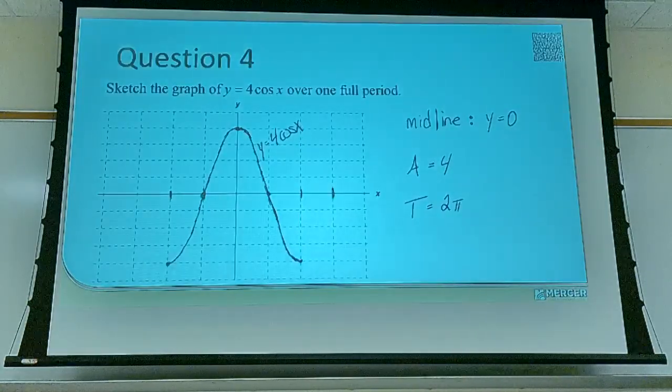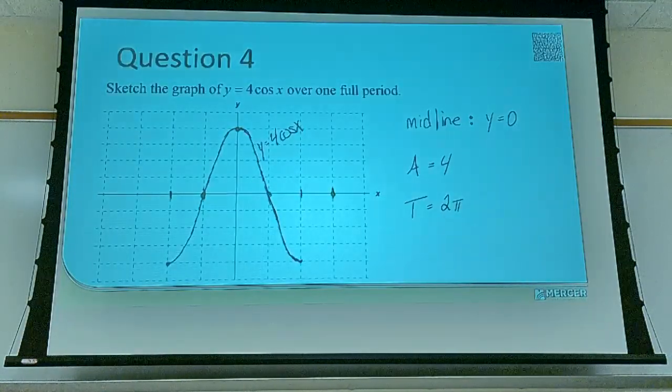Maybe 0 there, 0 there and 0 there. Remember, every odd multiple of pi over 2, you get a 0 for cosine of x. Minus pi over 2 and 3 pi over 2, all zeros. Cosine of 0 is a maximum.